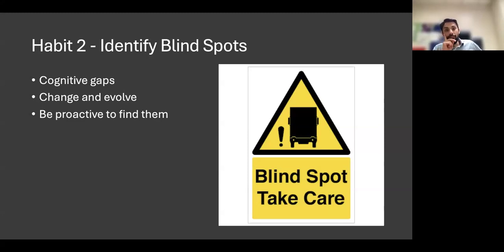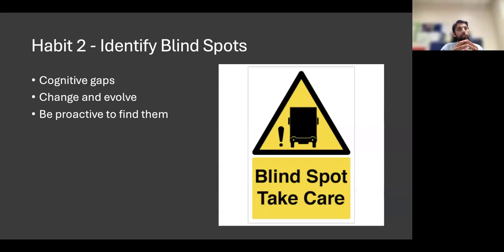Habit number 2, and it's really important, is identifying your blind spot. Now, the blind spot is a cognitive gap. It's a cognitive blind spot. And it's something that changes and evolves with time, and I'll explain what that means.